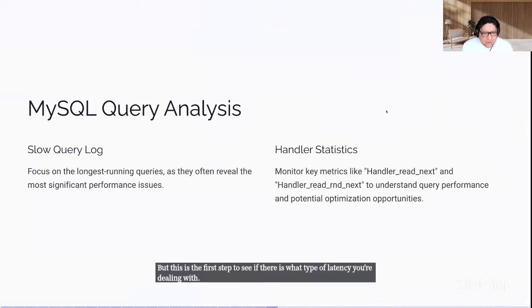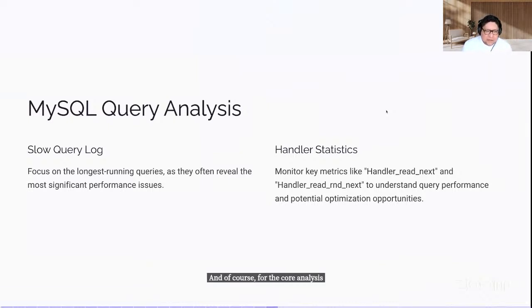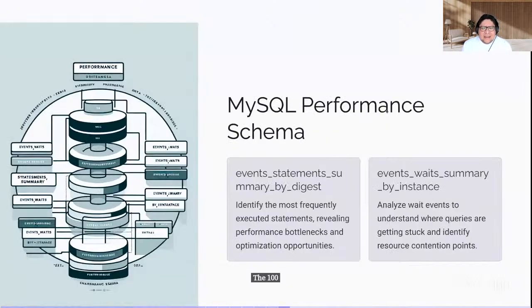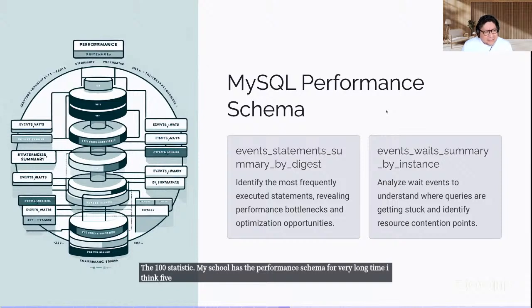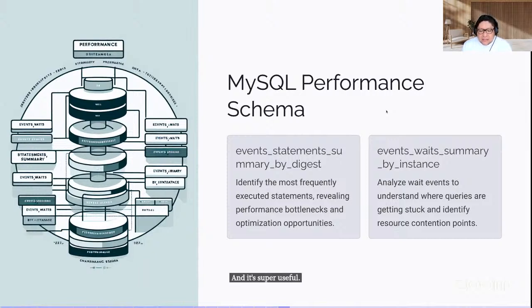And of course, for the query analysis, you have the slow query log, the handler statistics. MySQL has had the performance schema for a very long time, I think since 5.6. And now it has sys schema. And since MySQL 8, sys schema is part of the installation, so when you install MySQL, it's available. You don't have to install it. And it's super useful. There's a lot of information there.